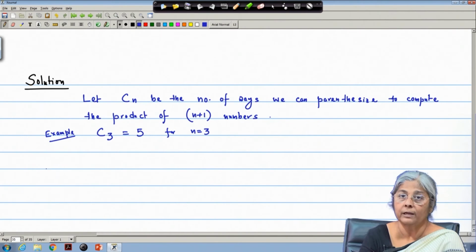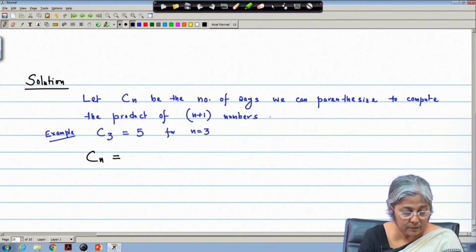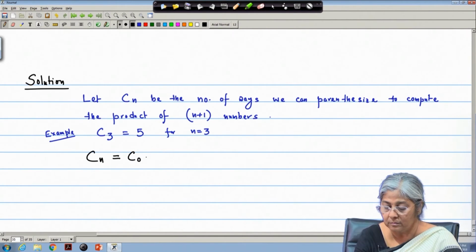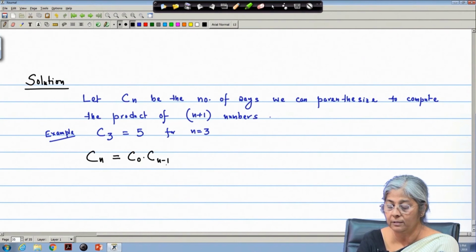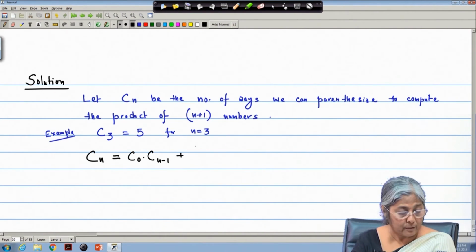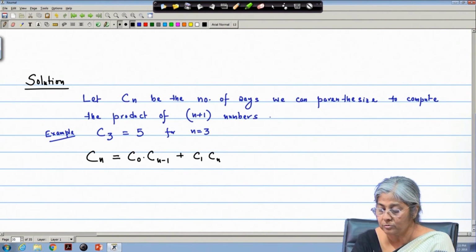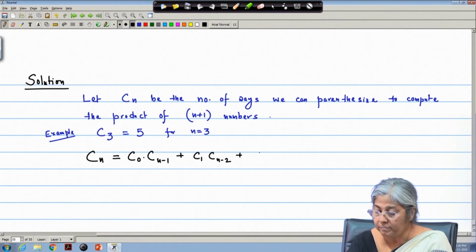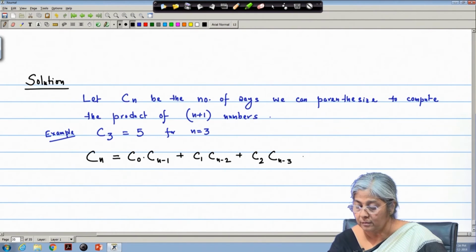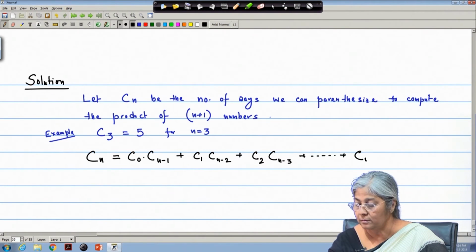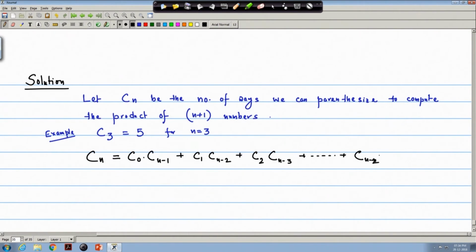So, if we apply some recursive approach, then we can write that Cn is C0 Cn minus 1, as if only one element we have taken, and then C1 Cn minus 2, C2 Cn minus 3, then in the reverse order, Cn minus 2 C1, Cn minus 1 C0.